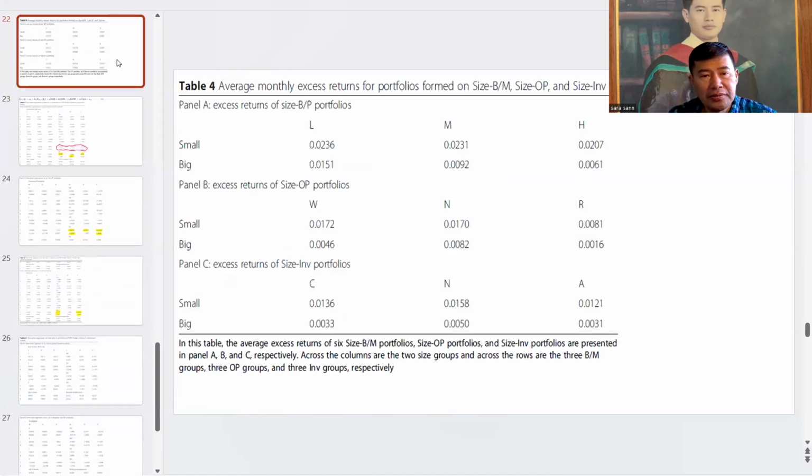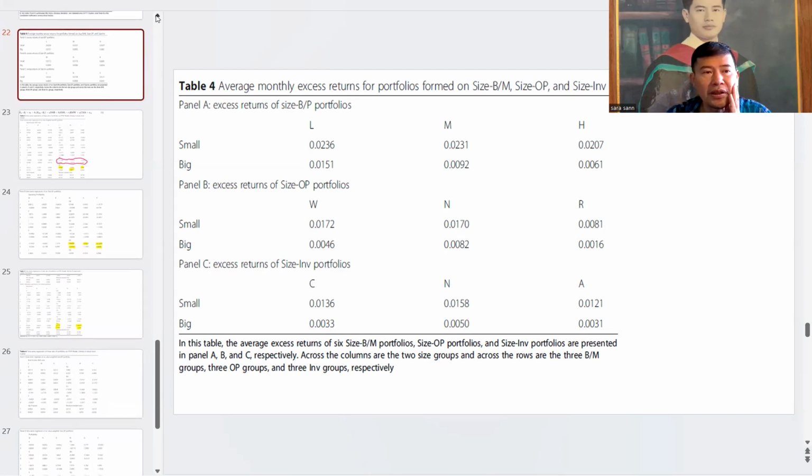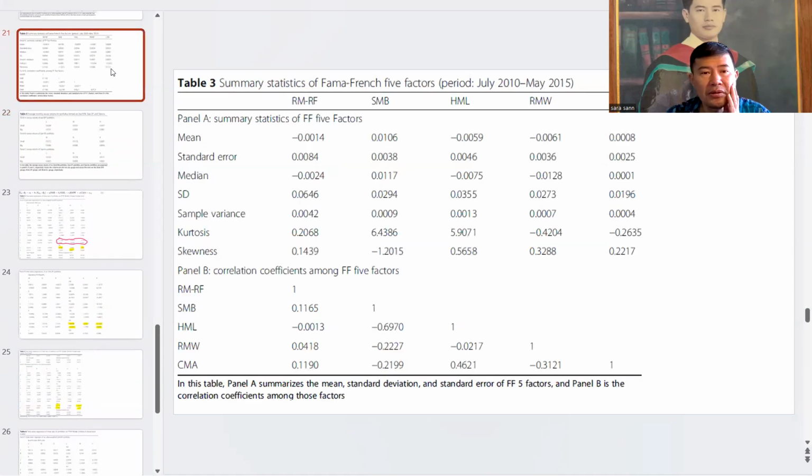Well, this one, the size, six return, size operating. Let's see. Excess return of size, but it doesn't show us the significance over here. Let me check one more time.